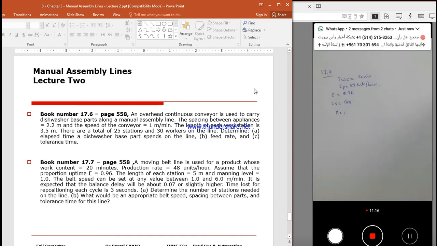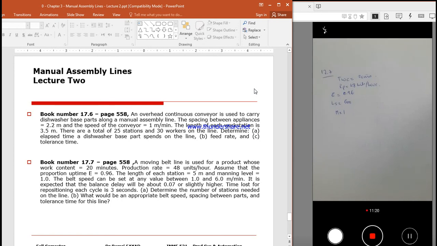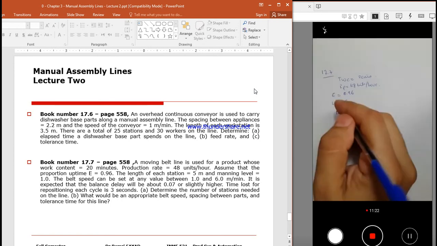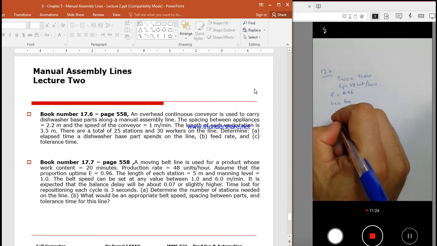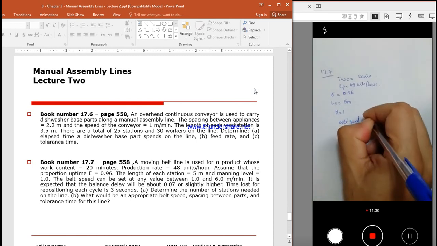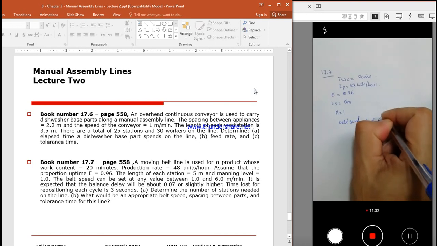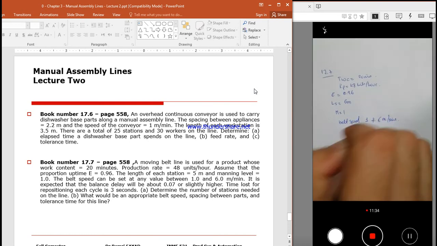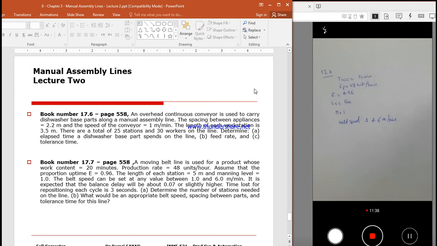The belt speed can be set between 1 and 6 meters per minute.